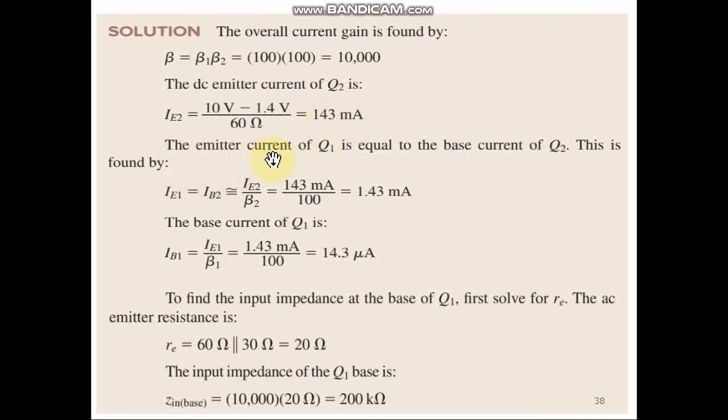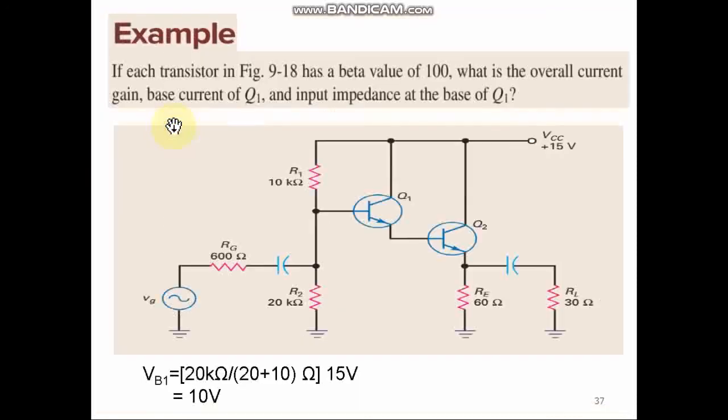The emitter current of Q1 is equal to the base current of Q2. So IE1 is equal to IB2. We have the value of IE2, which we calculated as 10 minus 1.4 divided by RE. So what is IB2?